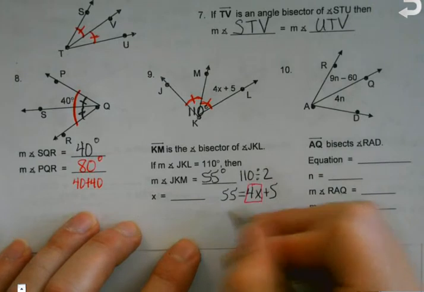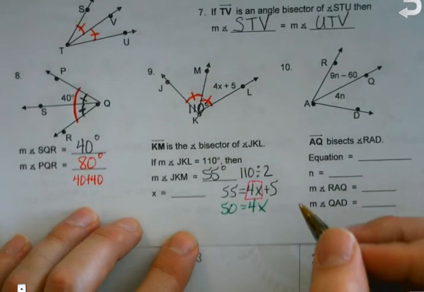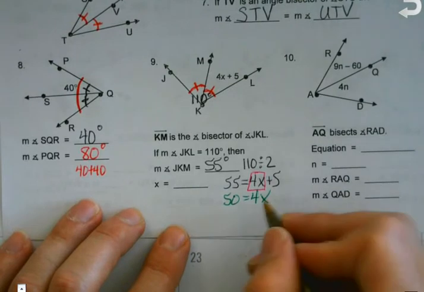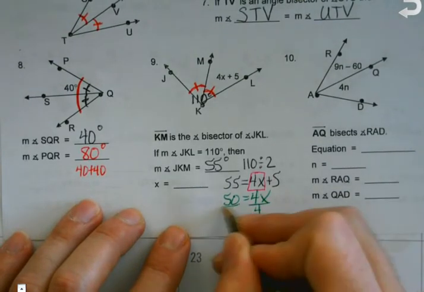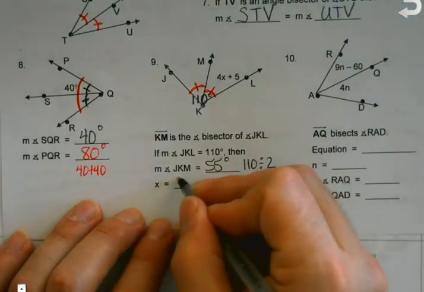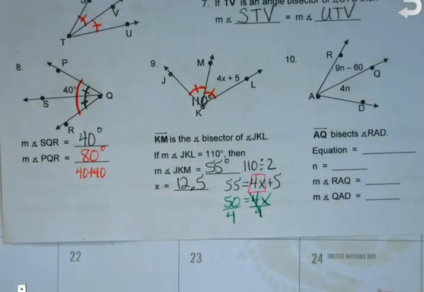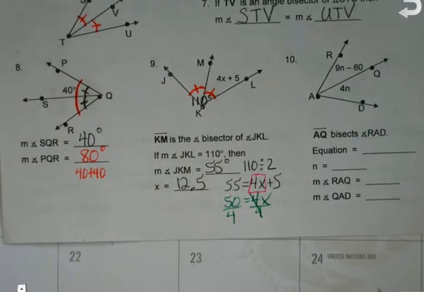Minus the 5. Don't freak out if you get a decimal sometime. Our last step is to divide by 4. 50 divided by 4 is 12.5. And that's always fine. Decimals are okay. So again, midpoint, angle bisector, same idea. One angle or one segment just getting cut in half is all that we're basically doing.